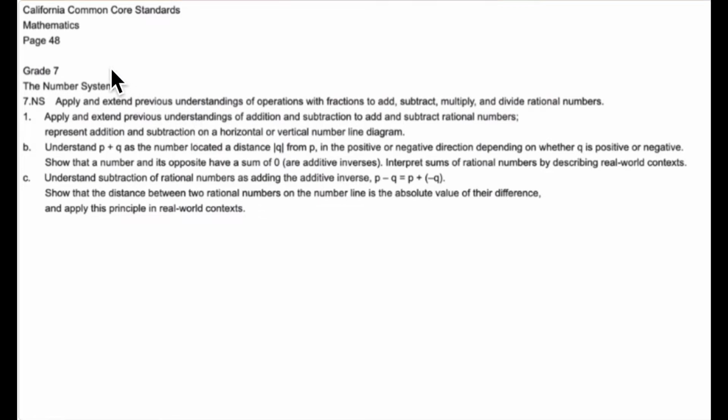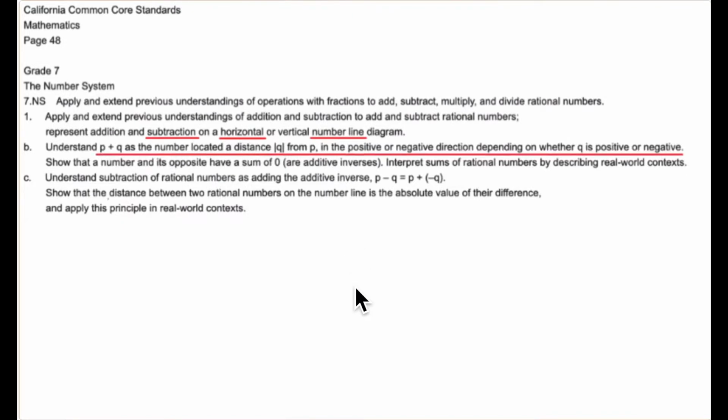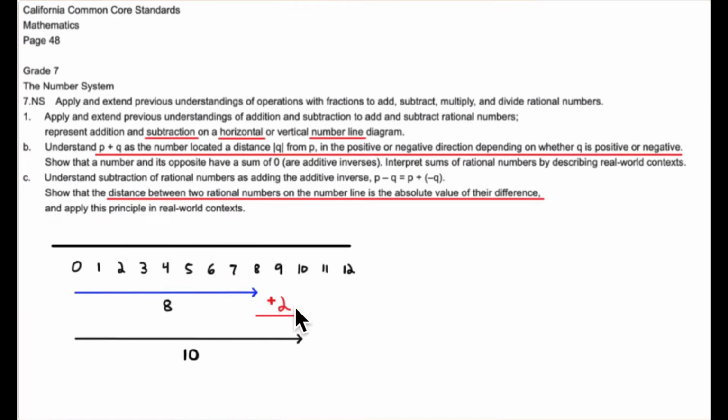So using the 7th grade standard to complete this idea of what is the difference between two values on a number line, how far are they apart? So here is subtraction on a horizontal number line. And the difference between those two values says that you have P and you have Q. So this is now a positive 2 units.